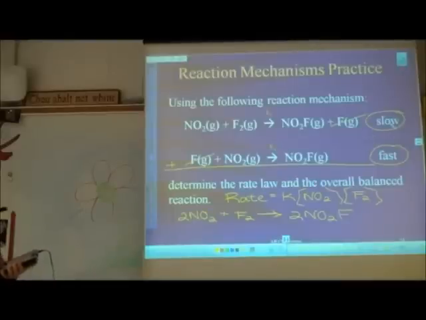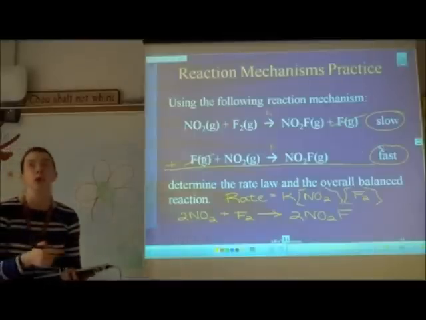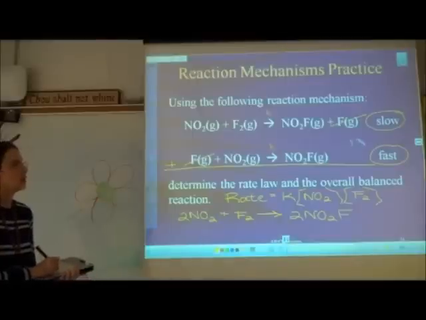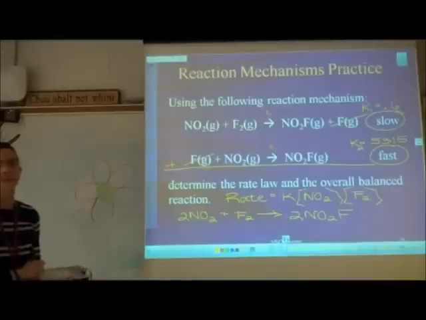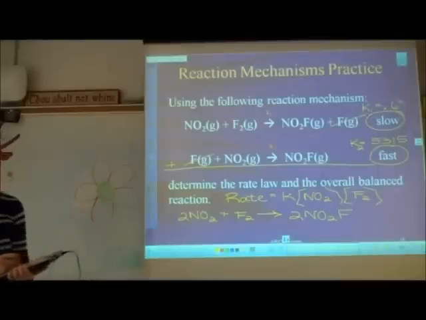Sometimes instead of words like slow and fast, they'll give you rate constant values, but they're going to make it really obvious, like k2 for the second step is equal to 5,315, and k1 is equal to 0.6. That means that's really slow compared to this one.